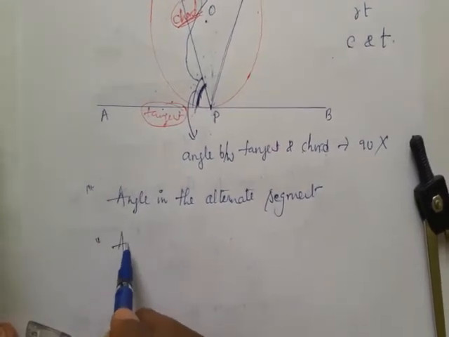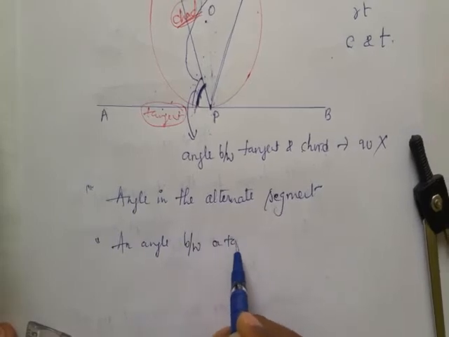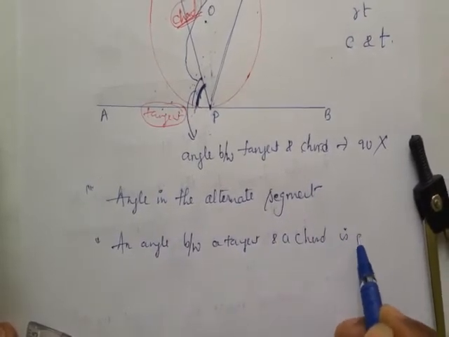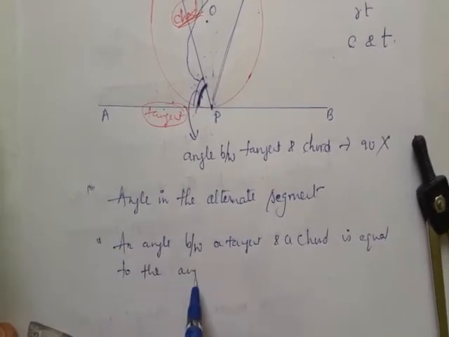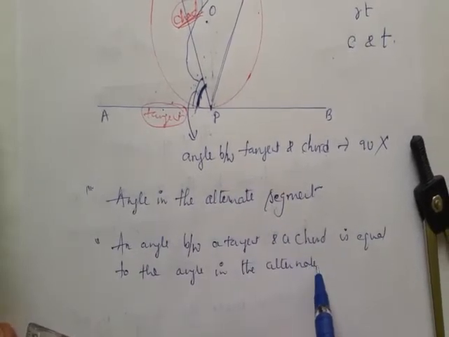I mean, an angle between a tangent and a chord is equal to the angle in the alternate segment.